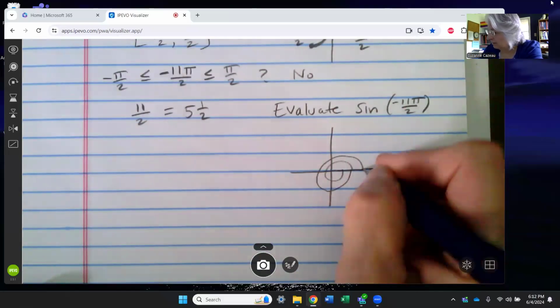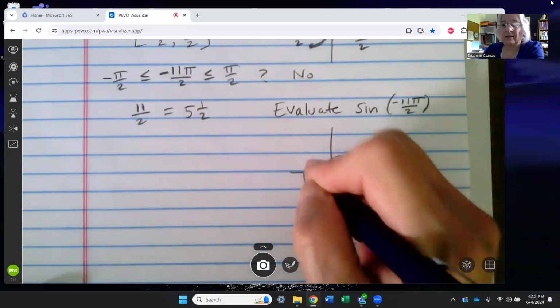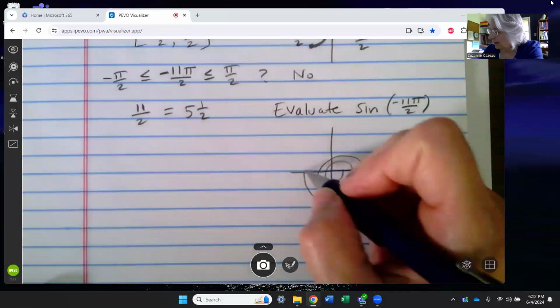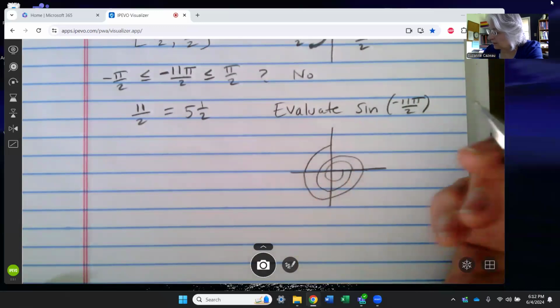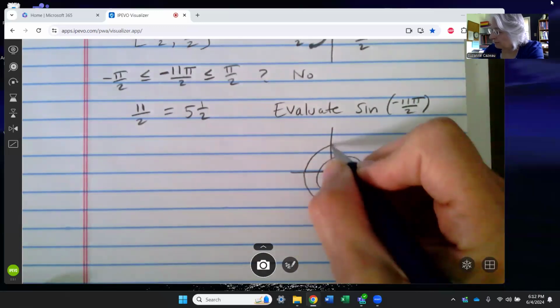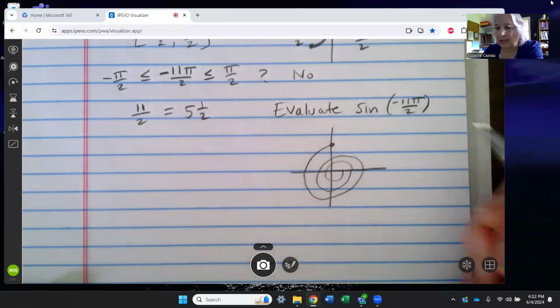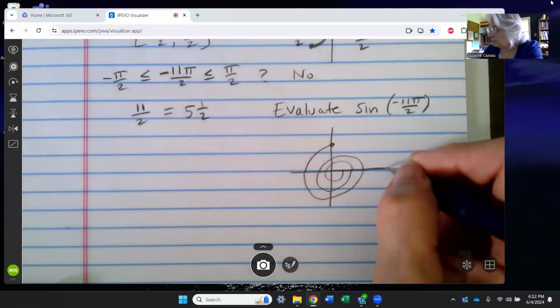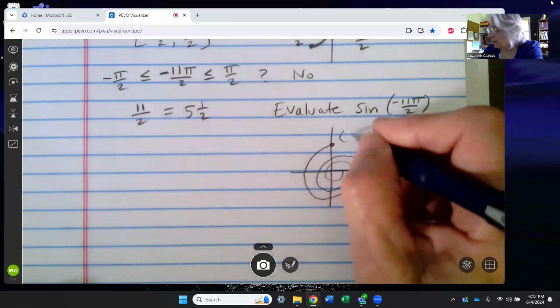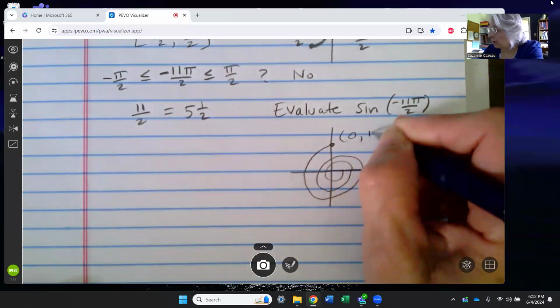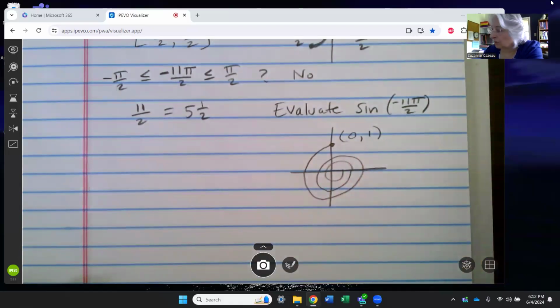And then we got 5 pi. And then we got a half a pi. Well, that lands us right here. That's a half a pi, right? So, well, what is that? Well, let's see. That's a 0 on the X, and let's say a 1 on the Y on the unit circle, right?